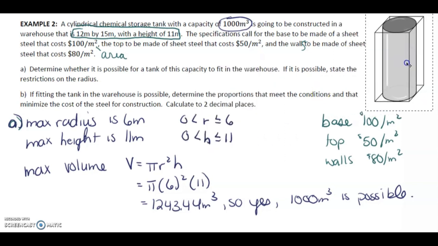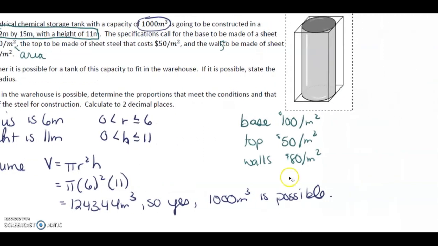So this is going to be 12, this is going to be 15, and this is going to be 11. Again, 12 is the maximum, because if you had a diameter of 15, it wouldn't fit in the width of the warehouse.